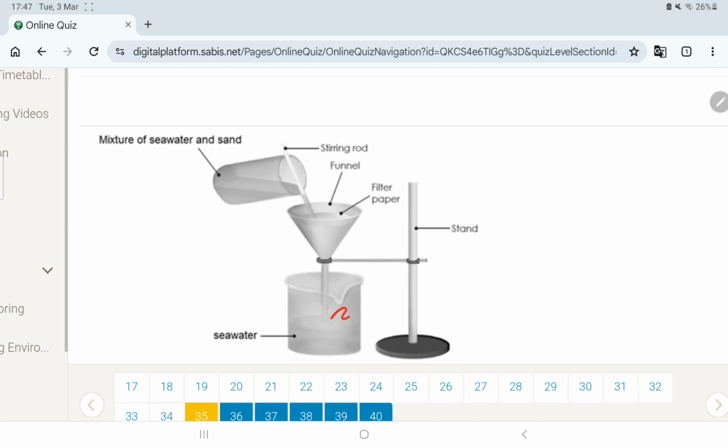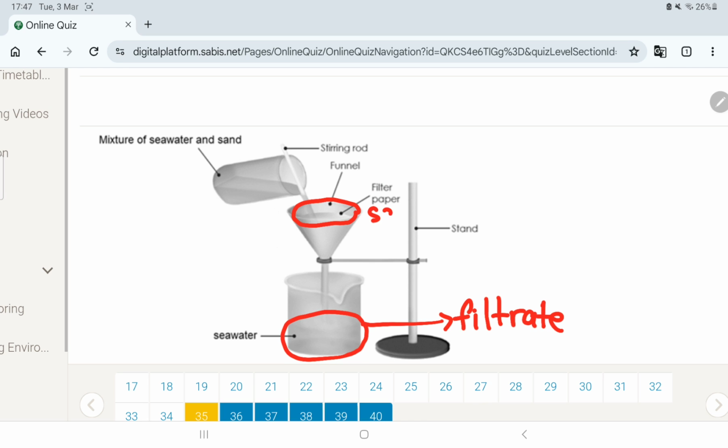Okay, once again, the seawater down there is called the filtrate. And the sand that remains, so sand remains, is the residue.